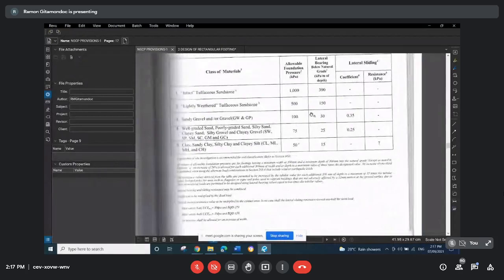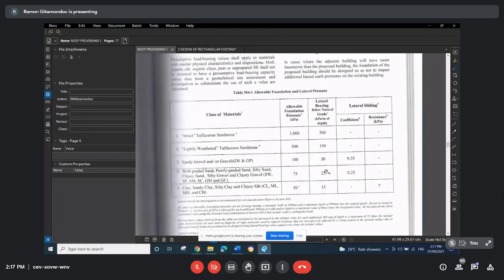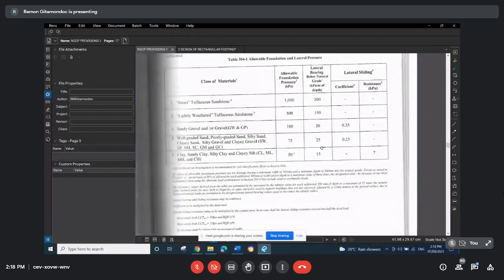But again, these values have to be used with caution, no, because these are just more or less approximate values. The most correct approach for a very important structure is to conduct a soil investigation, no. But without that, for residential buildings, one-story or two-story structures with light loading, you can just assume the soil bearing capacity based on this table.